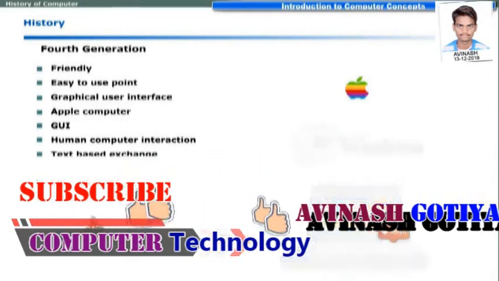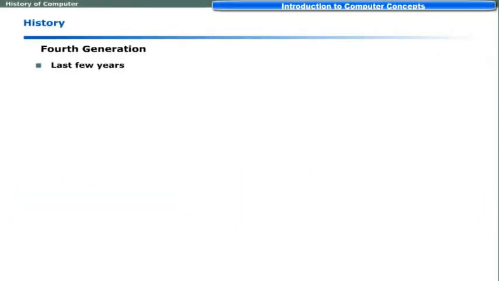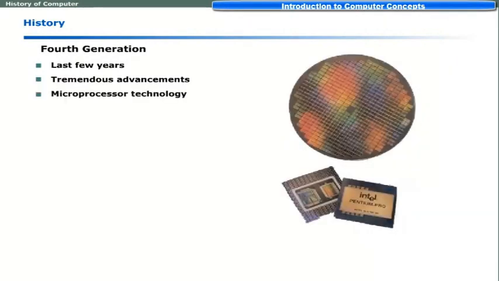Dear learners, during the last few years, there has been a tremendous advancement in microprocessor technology, and now personal computers operate at speeds up to 2 GHz. There has been a considerable advancement in computer peripheral devices.